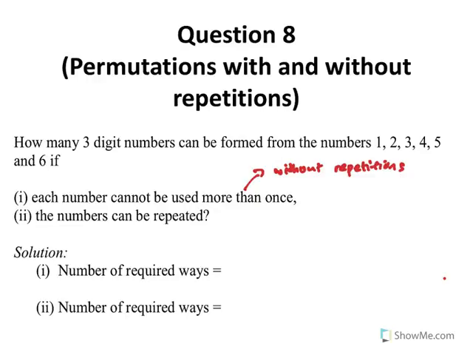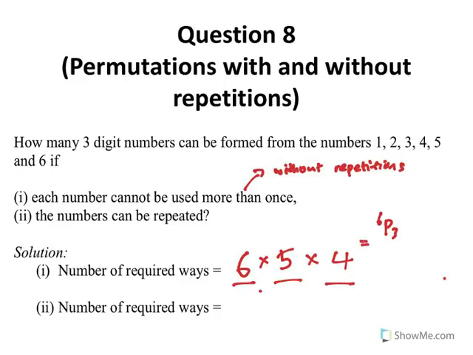So the number of ways, if I have a 3-digit number, 1, 2, 3: first slot, how many choices? 6. Second slot? 5, because I cannot use more than once. Then 4. So 6 times 5 times 4. You can also say 3 slots, 6 permute 3.